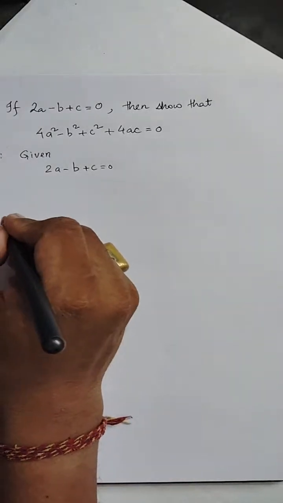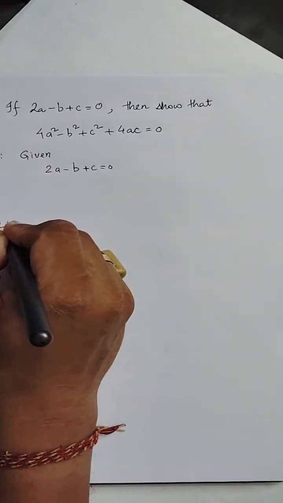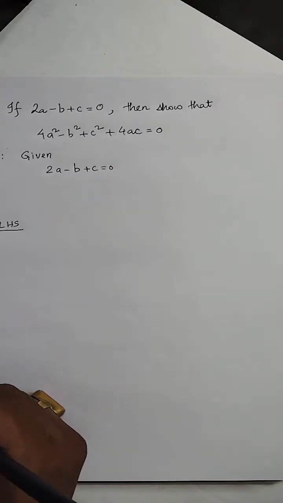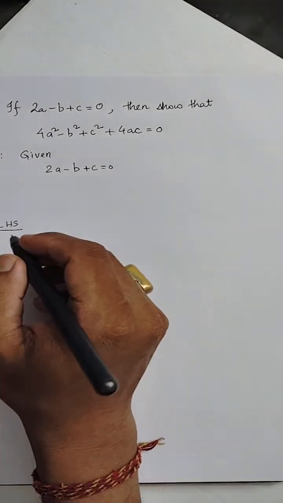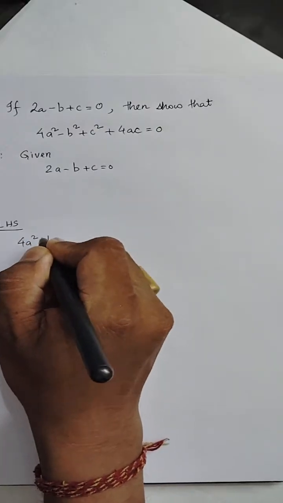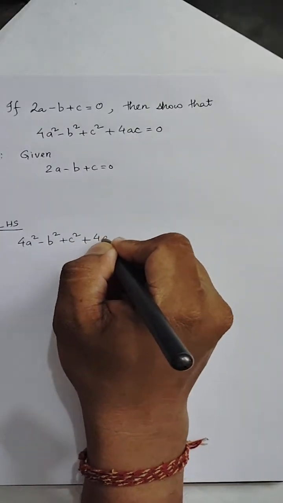I am just leaving some space here. LHS. Excuse me. So we have 4a square minus b square plus c square plus 4ac.